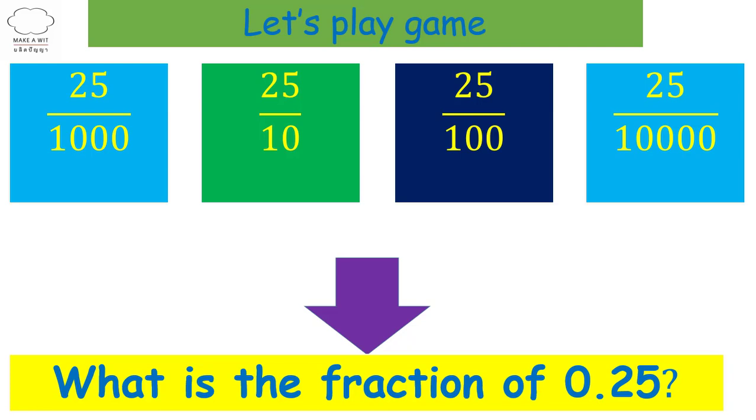Okay, thumbs up. How many decimal places are there? There are 2 decimal places. It means that you have to write 2 zeros. Is this one correct? No. This one? No. Or this one? No. But this one is correct. 2 zeros, so it equals 25 over 100.